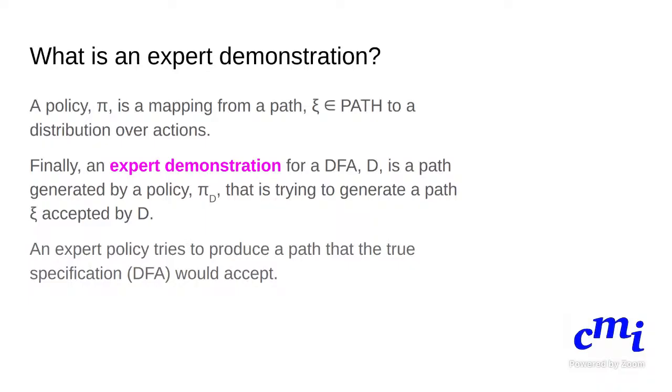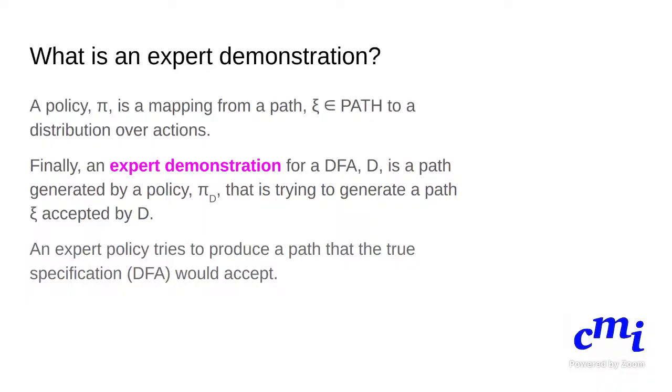Sorry, can you repeat the last sentence? So what I'm saying is that the alphabet that the DFA is on is all the possible markings that you can have in your MDP, like all the possible outputs of the feature extraction map.